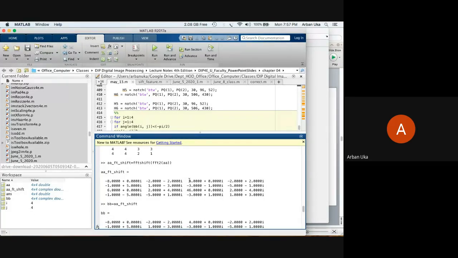What are the frequency components? The frequency components carry the information of where we have edge information, okay? And how do we get the frequency components? By applying the fast Fourier transform function, okay? So you can get all the frequency terms.